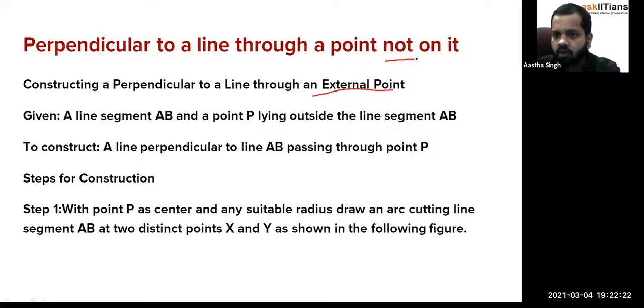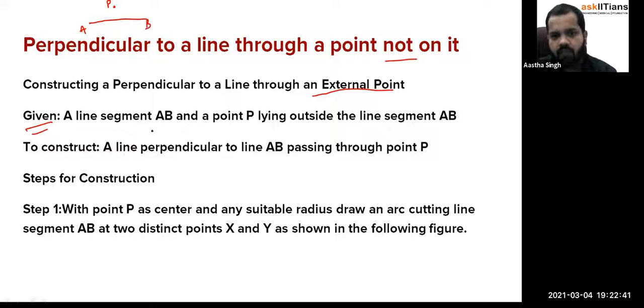Guys, point not on it means that if a point is there not on this line, some external point P, you have to draw a perpendicular from that point P to a line AB. So what is given?